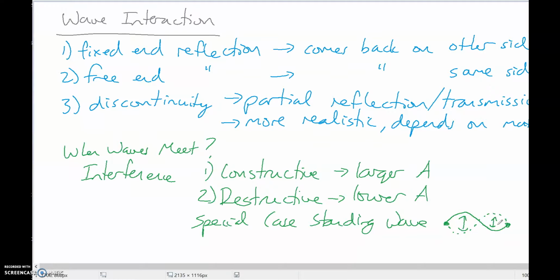Okay, and that's what's called a standing wave, and this creates what's called resonance. You guys may have heard, we'll talk about resonance some more, but this actually causes what's called resonance. We'll talk about that more later on. Okay, but that's a really special case for a standing wave.